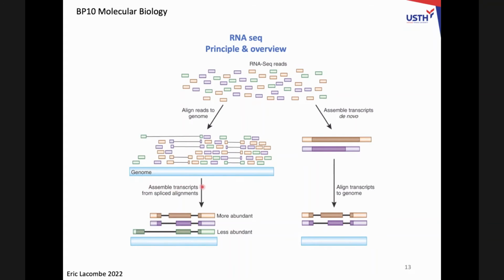So you assemble the transcript. You can find that for a single locus, a single gene, for example, you have the brownish configuration that is always present at the same quantity in terms of number of reads, and that always contains these reads.